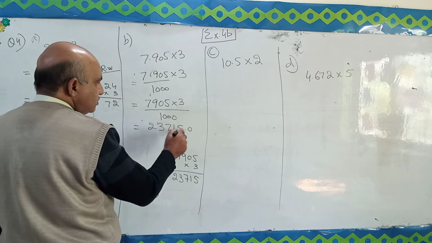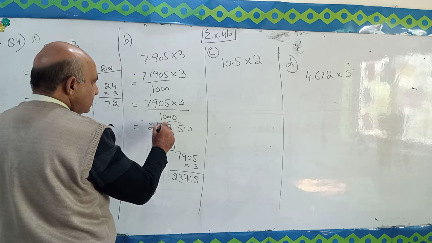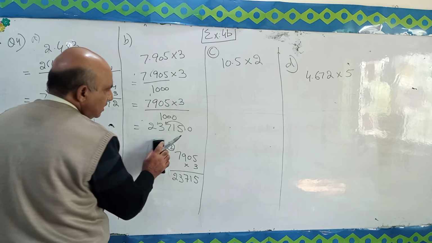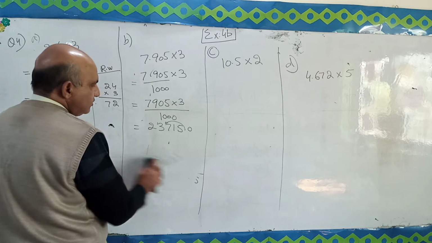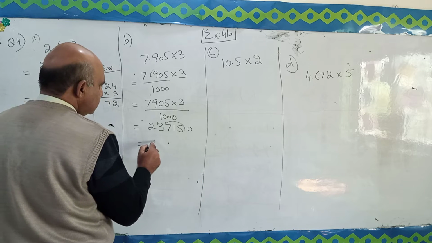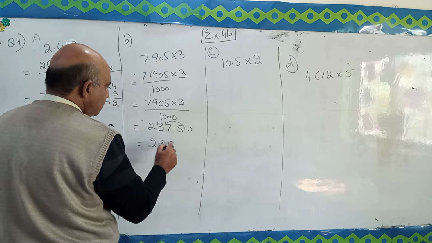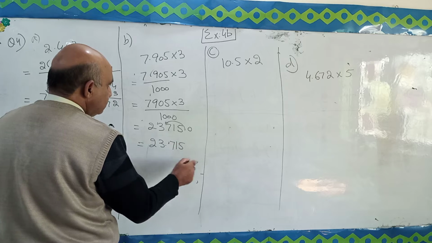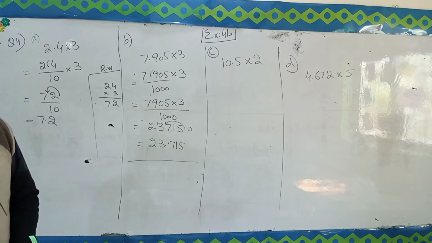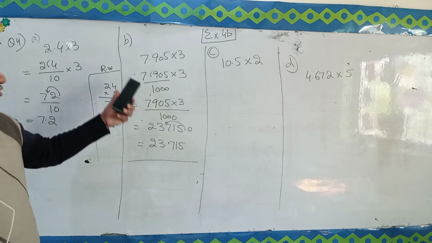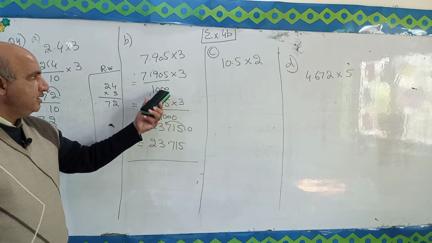So here 3 zeros, so we move the decimal point 3 digits to the left, from right to left, so we write it as 23.715 in this way.